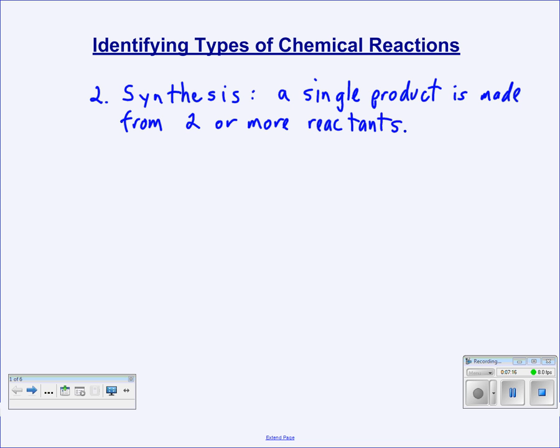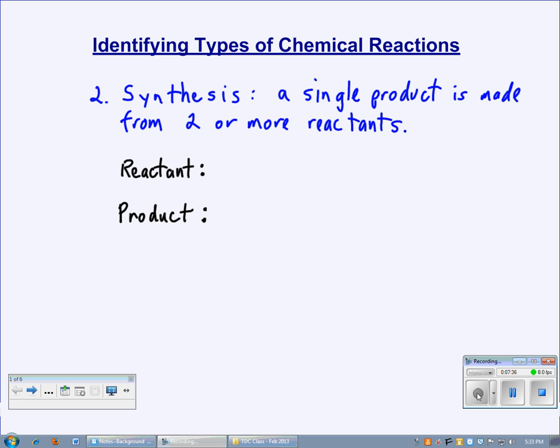So on the reactant side, you might expect to see two or more substances, and they will be combining into one. That's the sort of connotation of synthesis. Two or more things coming together to make one.